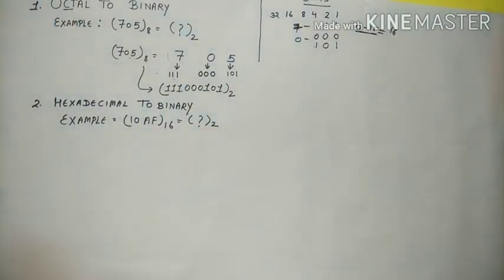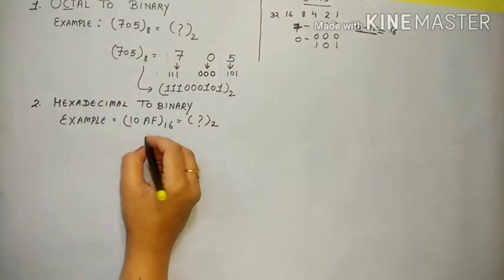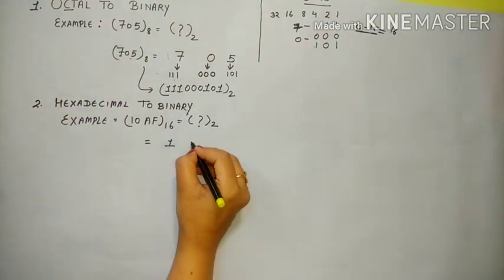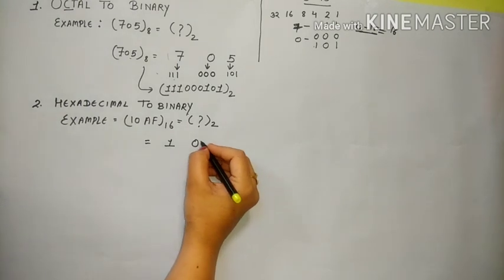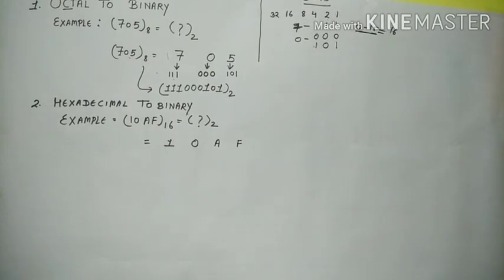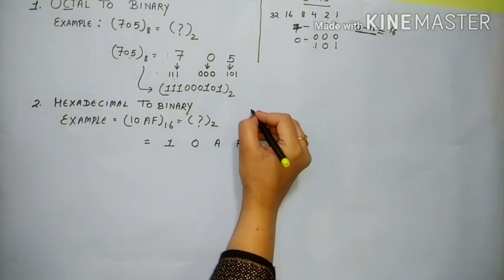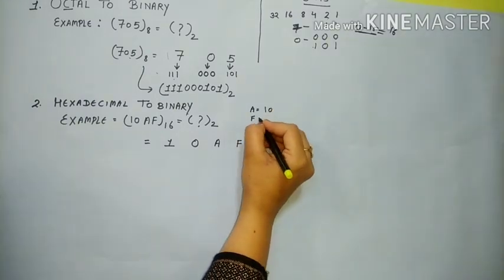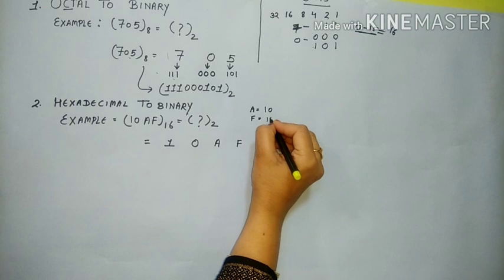Now again here, as we did in the above question, same way independently you write every digit: 1, 0, then A and then F. Do you remember A is equivalent to which digit of hexadecimal? A is equivalent to 10 and F is equivalent to 15.